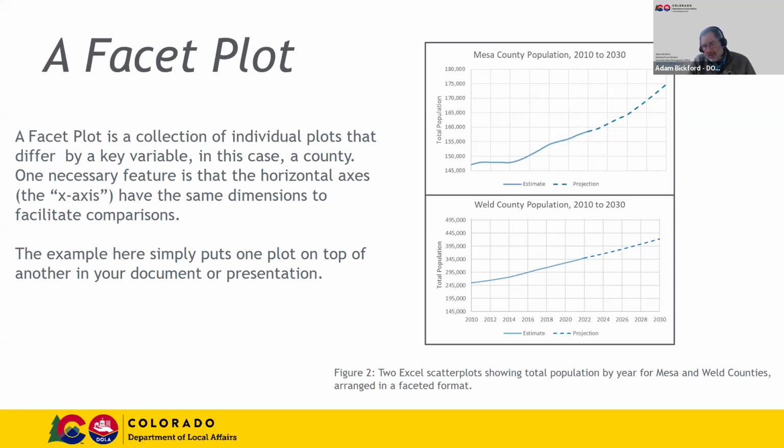Weld County is more of a straight line with an upward slope, whereas Mesa County has a period of small growth, probably out to about 2016, and then it starts to take off, and that slope increases as time goes on, right? That's part of the description that you would summarize as you're presenting this data.